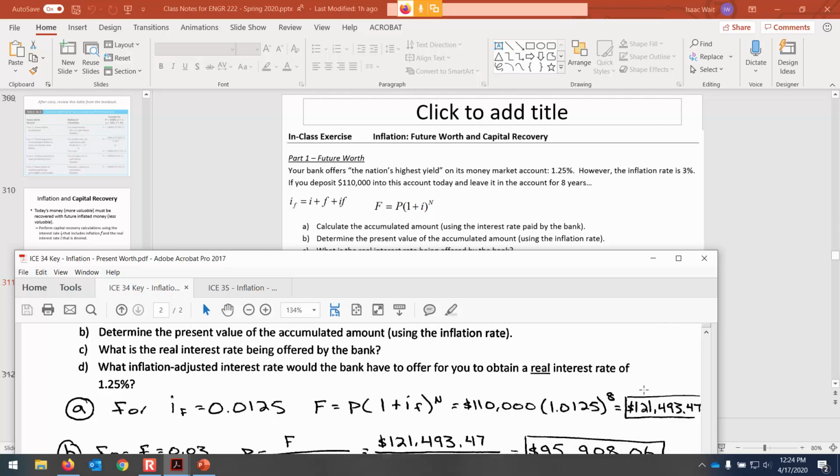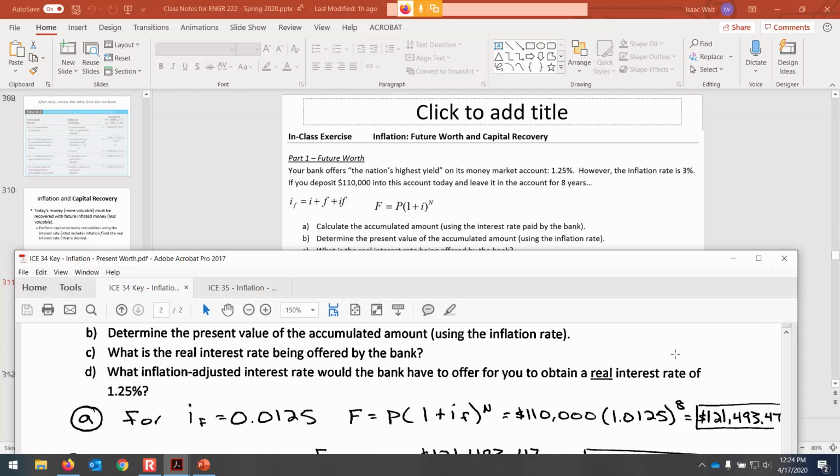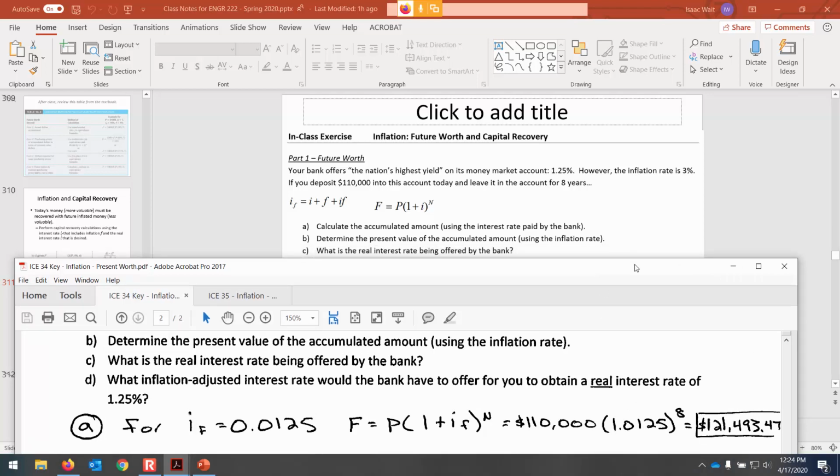The interest rate that's paid by the bank is I sub f, the market interest rate. If we use the 1.25% that's paid by the bank, then you compound into the future the 110,000 that you're depositing in the bank today. It's going to be compounded for 8 years.